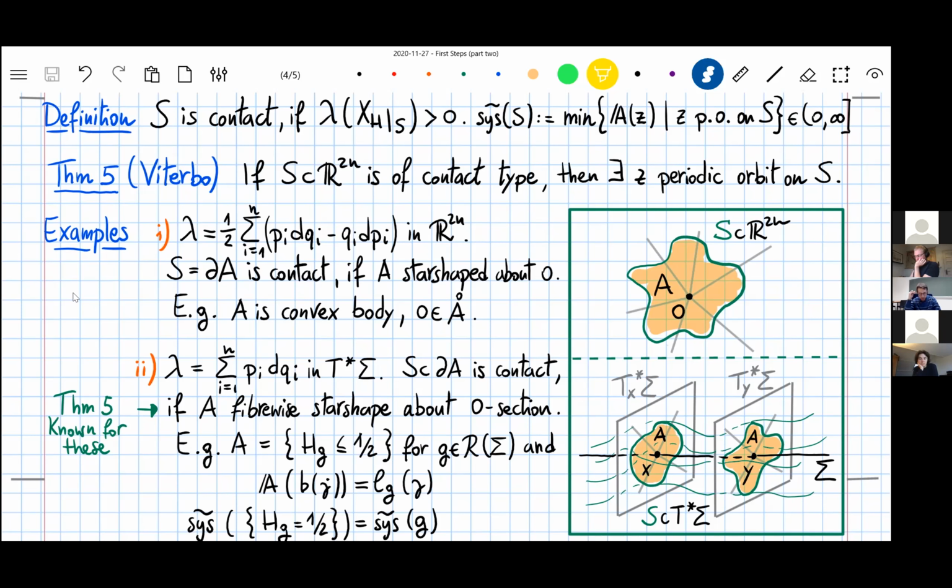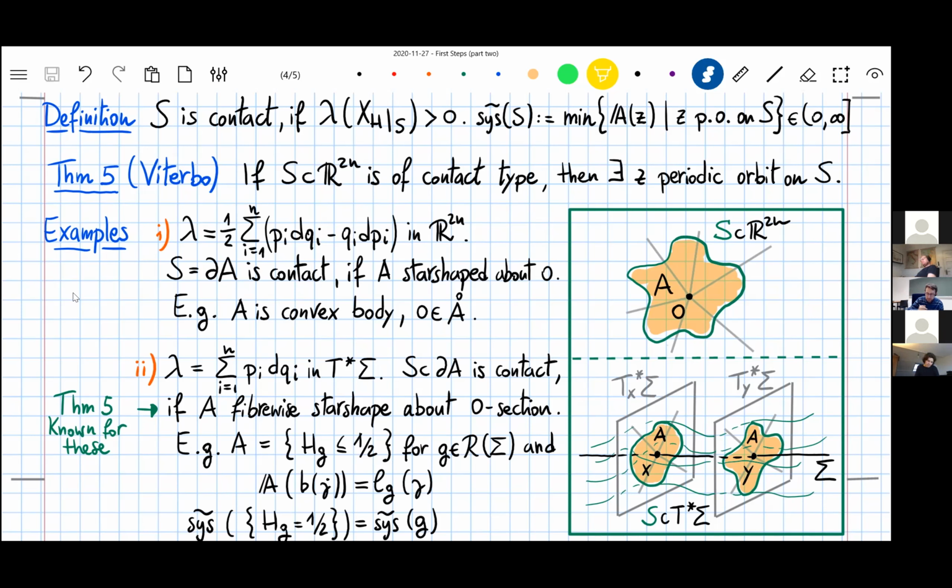Okay, very good. So now, what are examples of contact hypersurfaces? Now we come back to the setting we are interested in. We will look at examples in R^2n and in cotangent bundles. So in R^2n, you have to decide which lambda you take. There are several choices you can make.